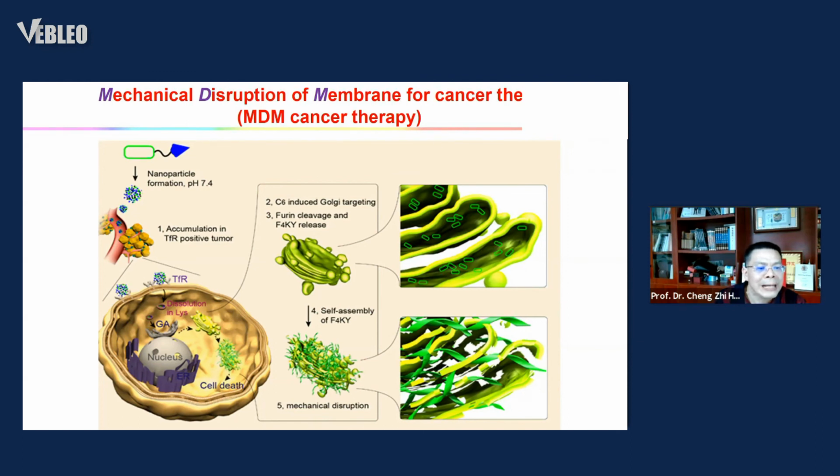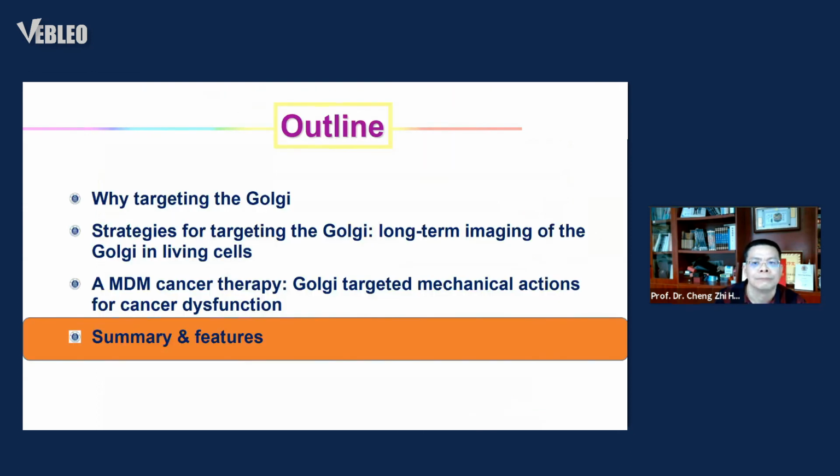The assembled left-handed helical fibrils then mechanically disrupt the Golgi apparatus membrane, resulting in structural damage and biological disorder, and eventually induce cell death of cancer cells without acquired drug resistance.